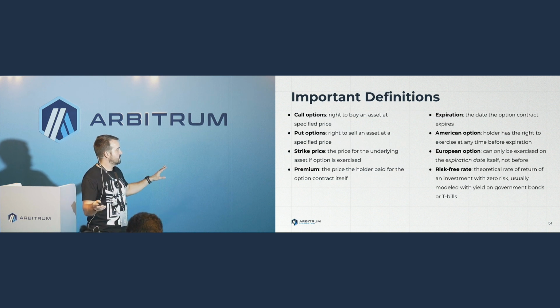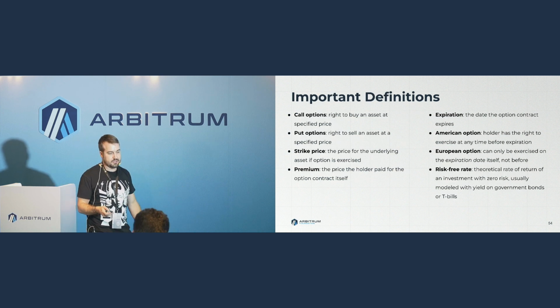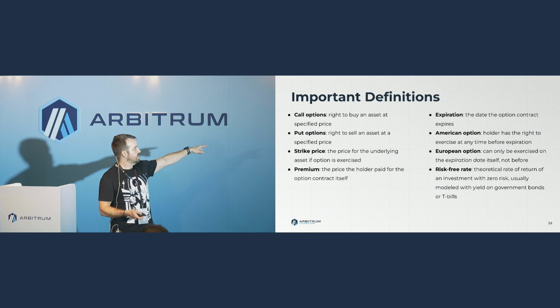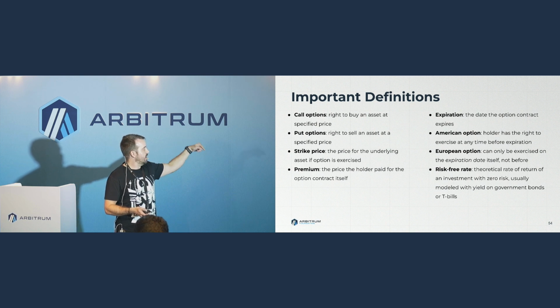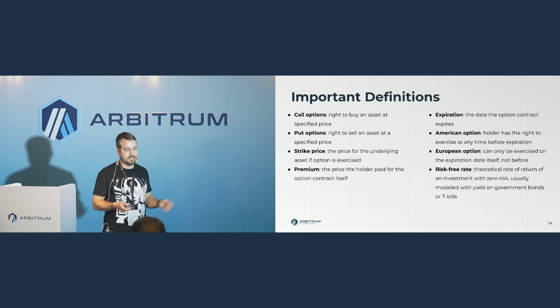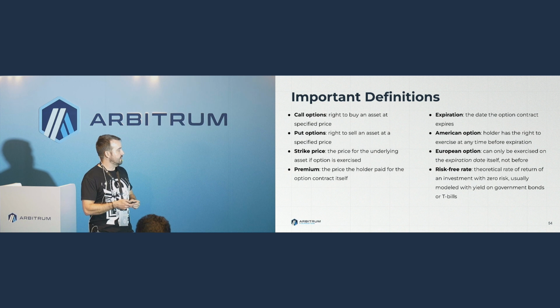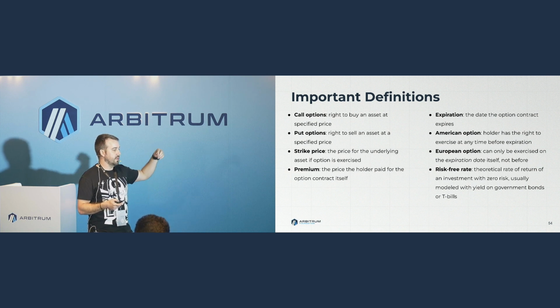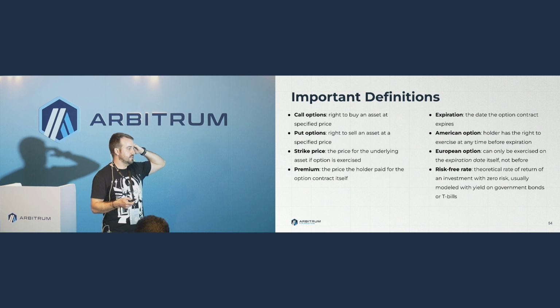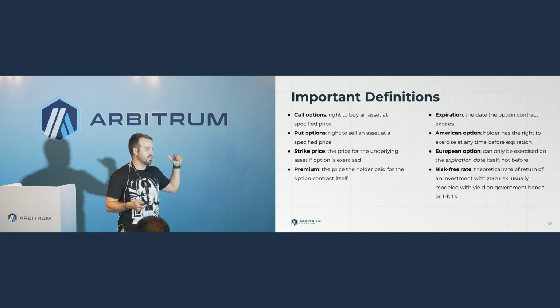All right, a couple of important definitions, kind of covered some of these. Call options are the right to buy an asset at a specified price. Put options are the right to sell an asset. The strike price is the price for the asset if the option is exercised. So if you're buying an option for 1 year from now, I'm buying the right to buy, say, AMC stock at $10 a share.